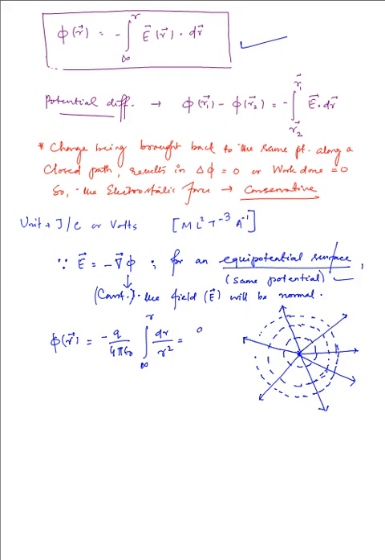So we end up with q over 4 pi epsilon naught times r, as mentioned earlier, that the potential is just going to be inversely proportional to the distance, as opposed to the square of the distance in the case of the electric field. That's the basic difference between the potential and the field with respect to the variation in terms of distance.